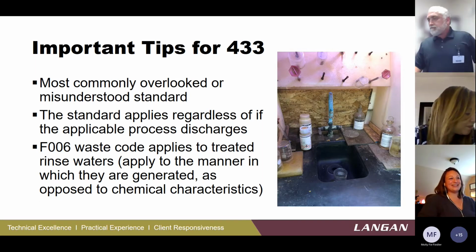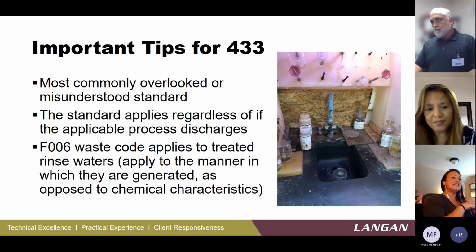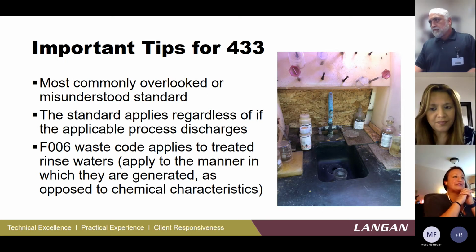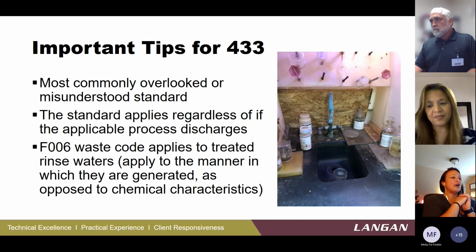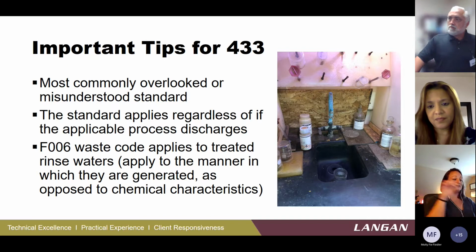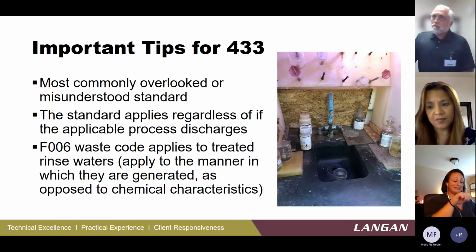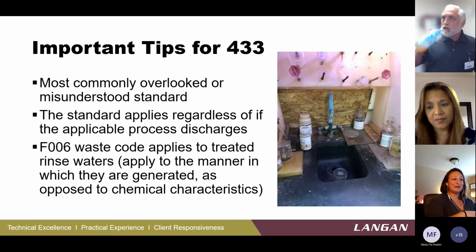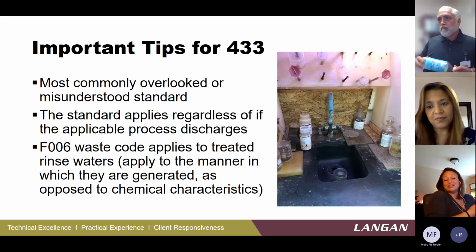This is another fun story where a facility became applicable to a categorical standard because they were inspecting parts, and in the process of inspecting the parts, they did a little non-destructive test where you take your cotton swab and dip it in acid and put it on your part and then inspect your part. It's essentially etching.